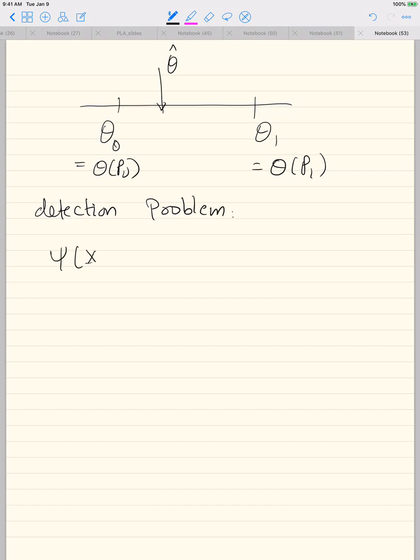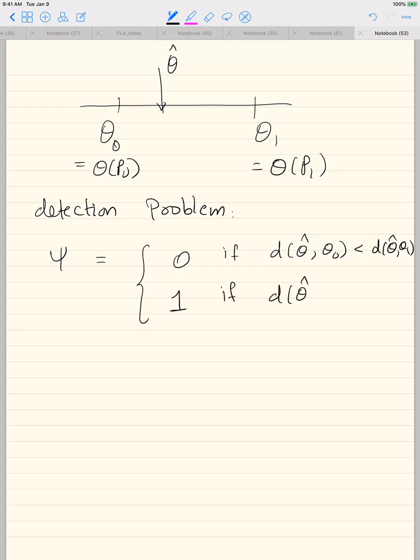We'll define ψ(x), or just call it ψ, to be a random variable which equals 0 if θ̂ is closer to θ0 than θ1, and we'll call it 1 if θ̂ is closer to θ1 than θ0. So we have some θ̂. This is the midpoint. The distance between them is, say, Δ.